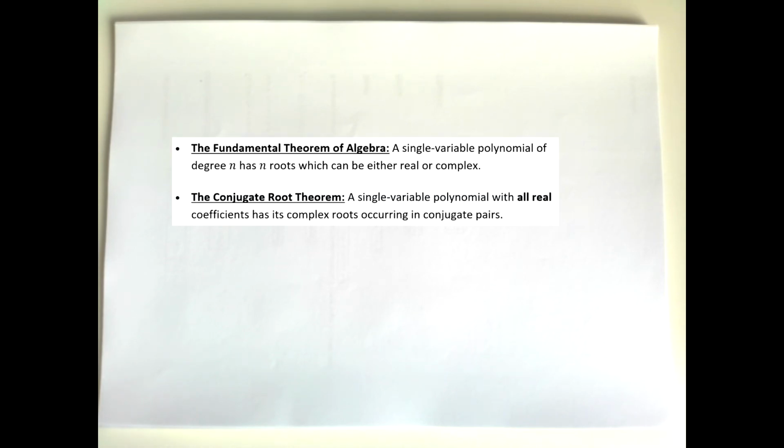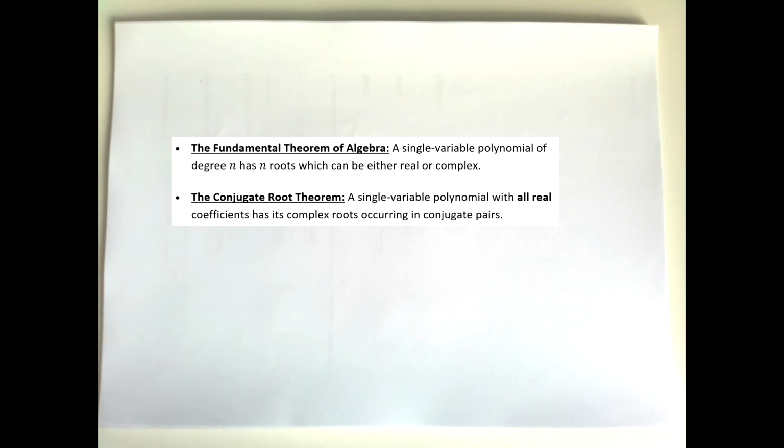The first one is the fundamental theorem of algebra, which states that a polynomial of degree n has n roots, be it real or complex. Within this theorem, we have something called the conjugate root theorem, which simply means that if the polynomial has all real coefficients, then any complex roots will occur in conjugate pairs.